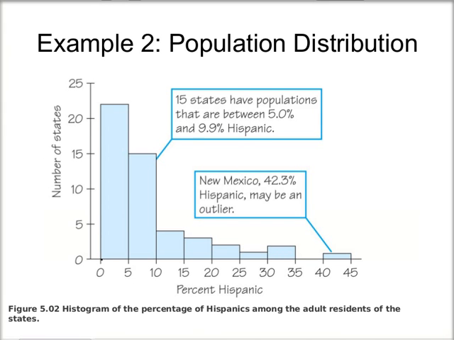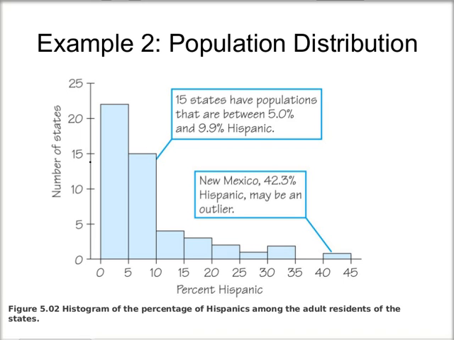Notice my first interval is 0 to 4.9, and that bar has a height of 22. My second interval is 5 to 9.9, and that's got a height of 15 because I counted 15 states that had populations between 5.0 and 9.9% Hispanic.